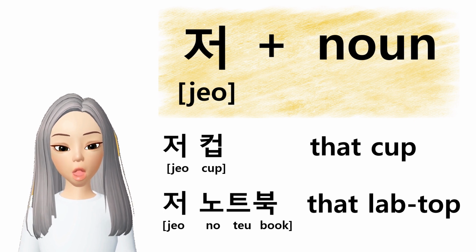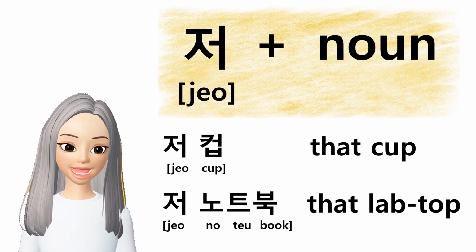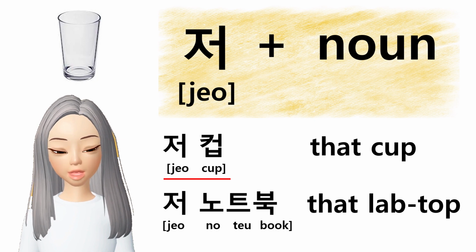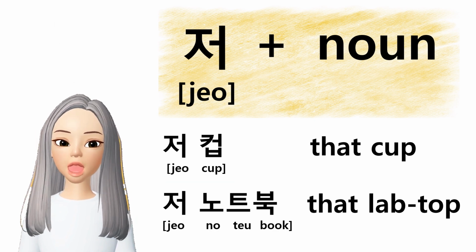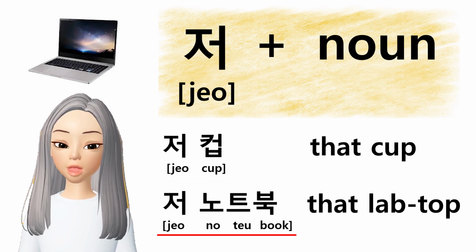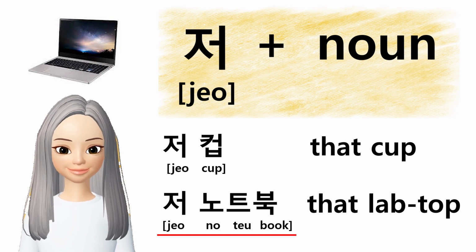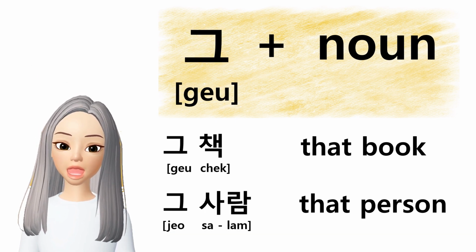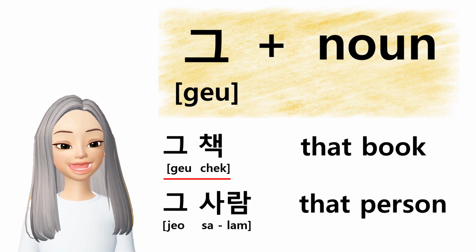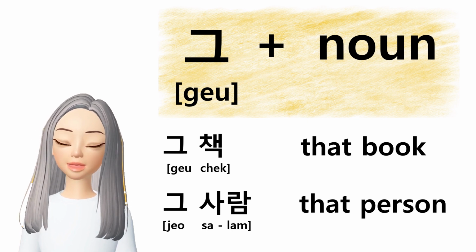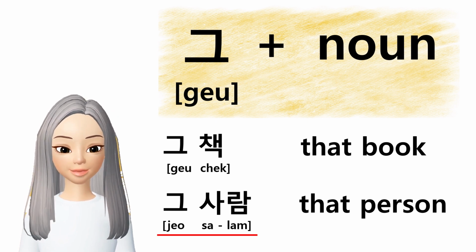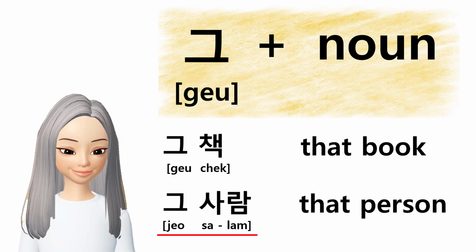Same for 저. So you would say 저 cup to say that cup. 저 노트북 to say that laptop. And it's also same for 그. 그 책 to say that book and 그 사람 to say that person.